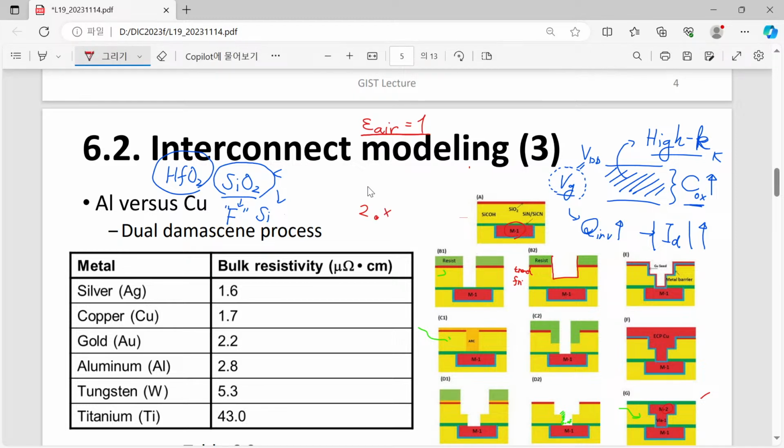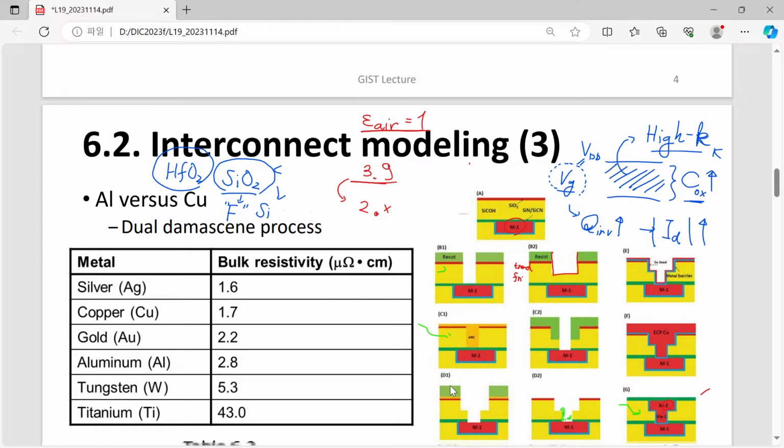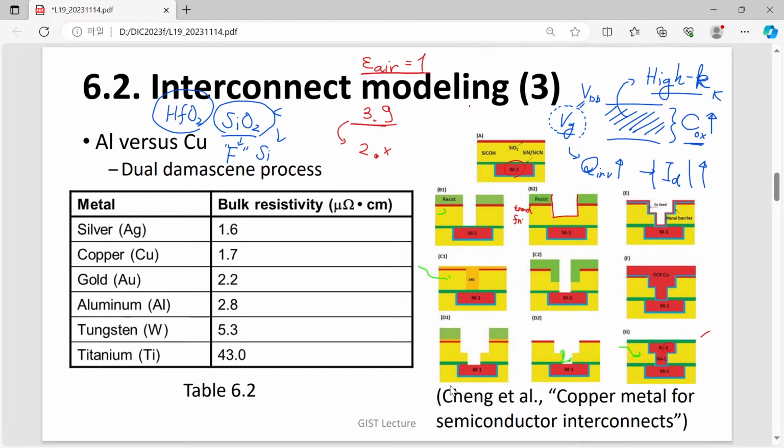Compared with our starting value like 3.9 for silicon dioxide, it is almost a 2 times reduction of our relative permittivity. So that is used, and people are still trying to introduce more and more new materials into this low K part.